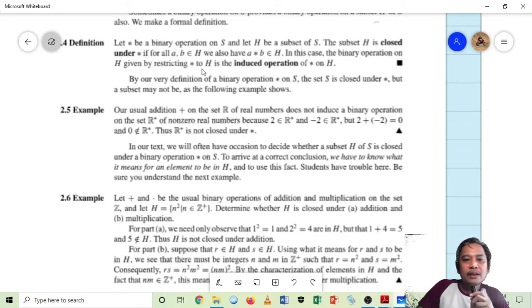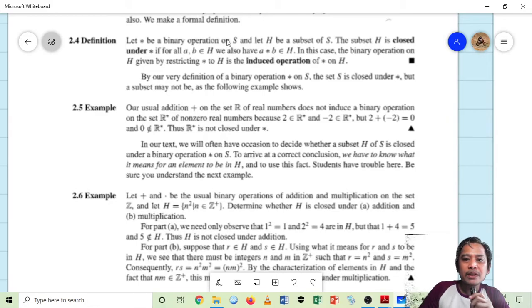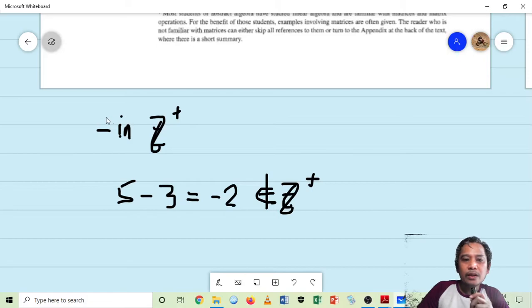Common sense would tell us not all binary operations on a set would still be a binary operation in all of its subsets. Just take, for example, this one. We know that subtraction is a binary operation in Z. Why?